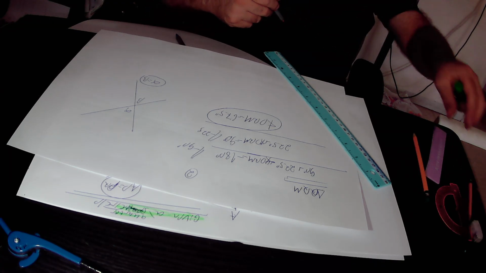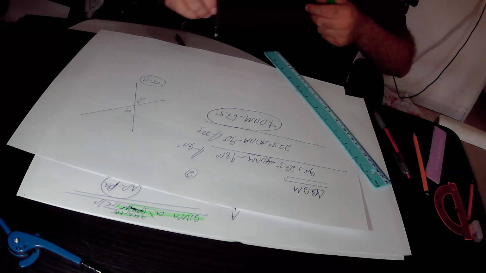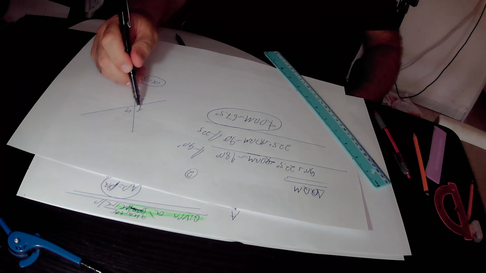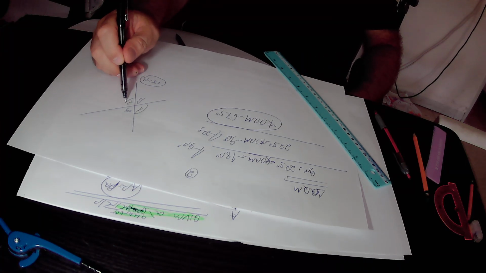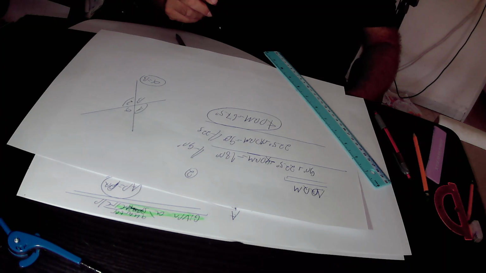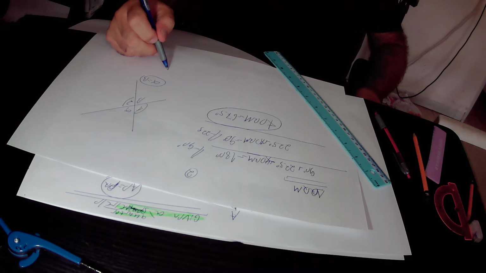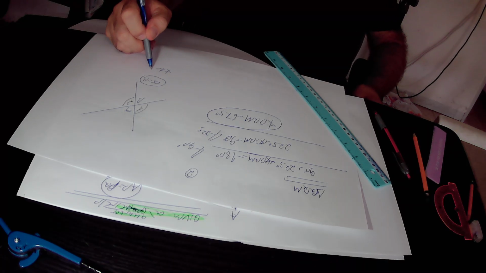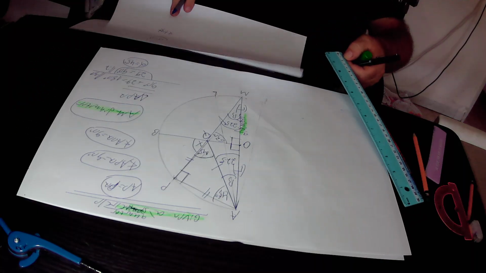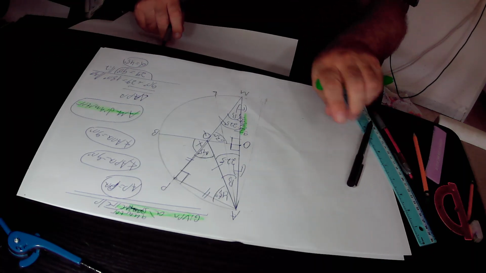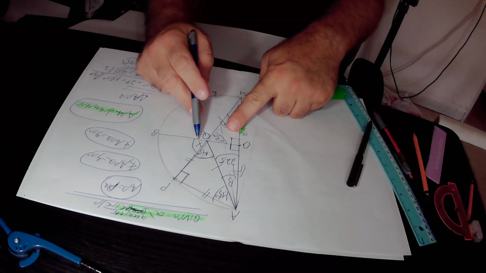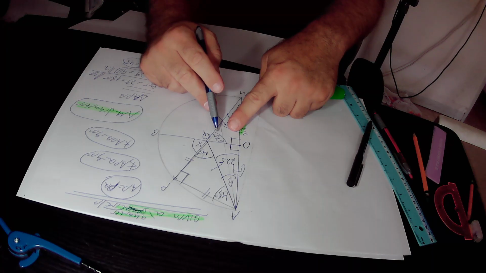Those two angles, 1 and 2, are also defined as vertex angles, and vertex angles are equal to each other. So angle 1 equals angle 2. Those two angles are also defined as vertex angles, and vertex angles are equal to each other. So x equals 67.5 degrees.